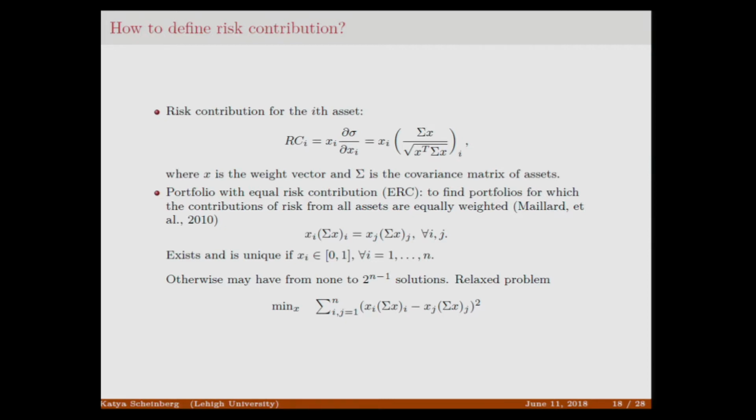And if you have the standard long only scenario, which means you're not shorting any assets, so x is between 0 and 1 with no other constraints, then it's been shown that such a solution always exists and can be found by solving a very nice convex optimization problem.